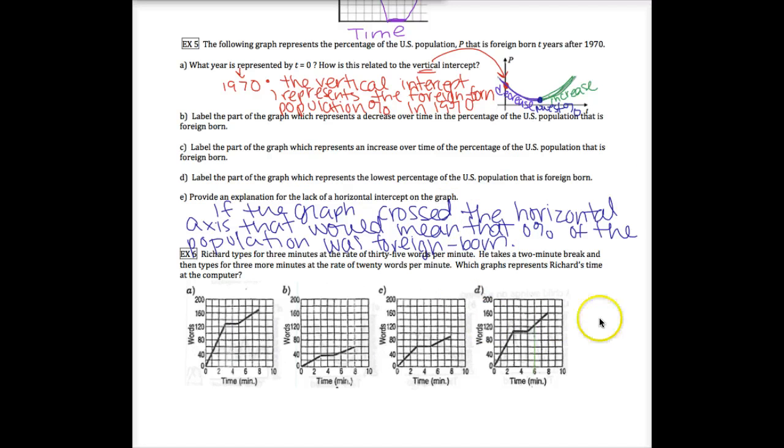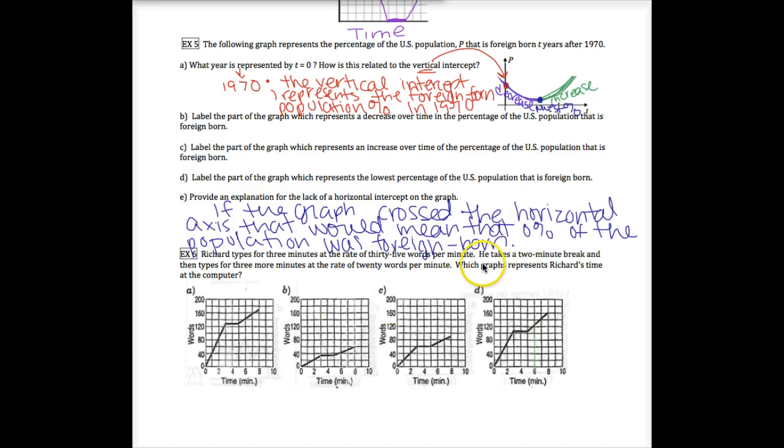All right, last one. Richard types for 3 minutes at a rate of 35 words per minute. He takes a 2-minute break and then types for 3 more minutes at a rate of 20 words per minute. Which graph represents Richard's time at the computer? So this is a speed time.